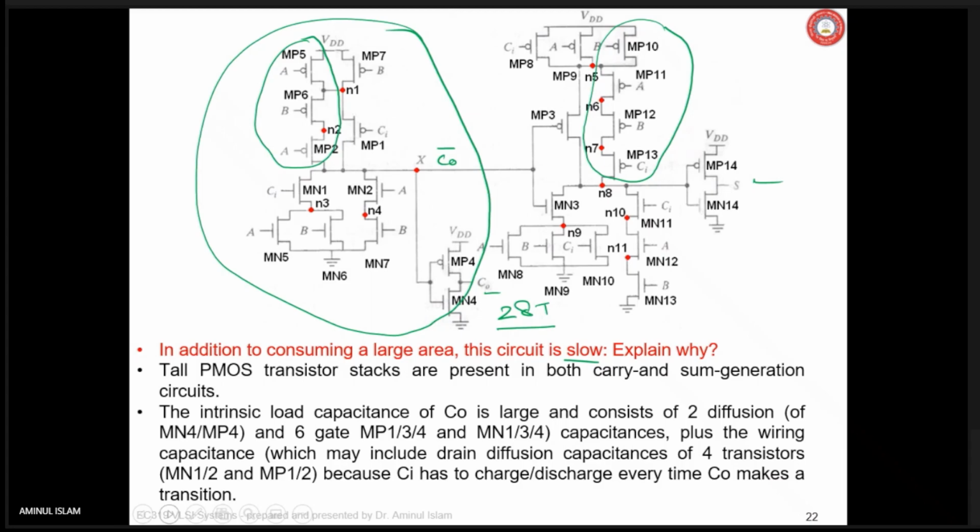Otherwise, you are not a good designer. So can you think of why this statement is written and how much it is understood? CO is having 2 diffusion capacitances. Any doubt in this?